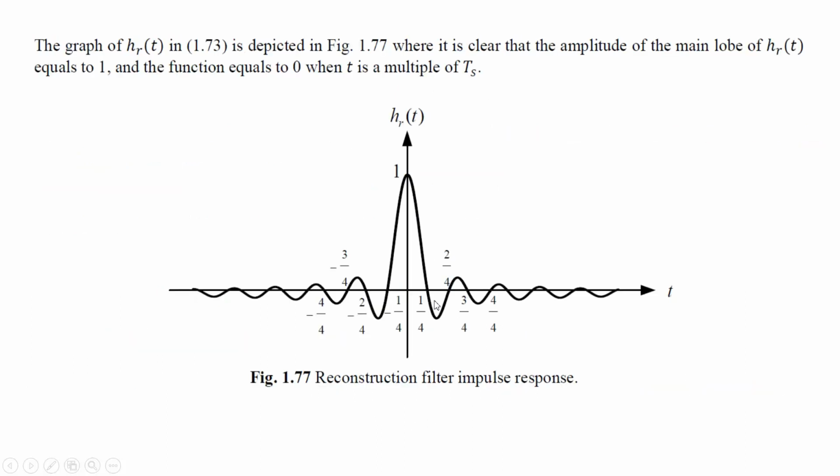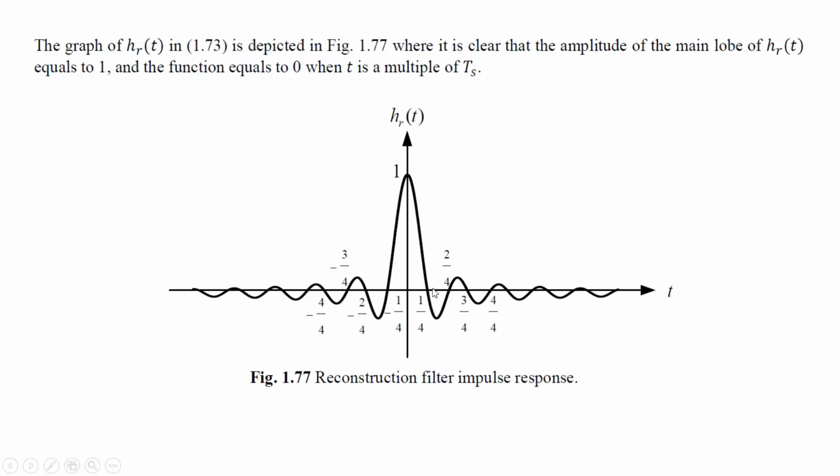Now this is the graphical representation of the reconstruction filter in the time domain, which is basically a sinc function. All right, the graph of hr(t) is depicted in this figure, where it is clear that the amplitude of the main lobe of hr(t) is equal to 1 and the function equals 0 when t is a multiple of Ts.